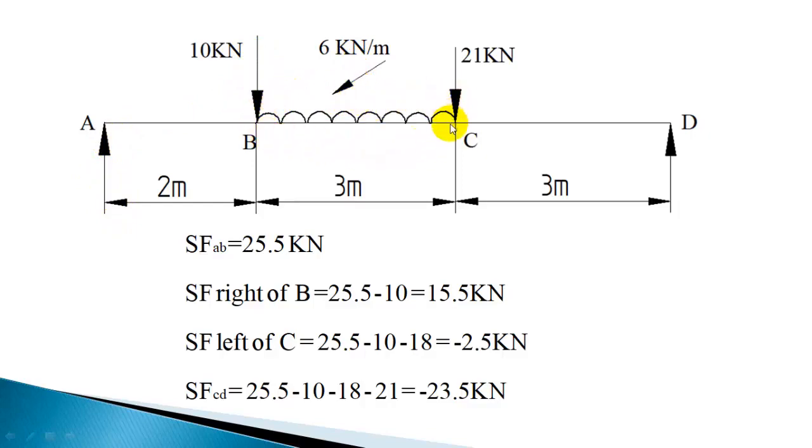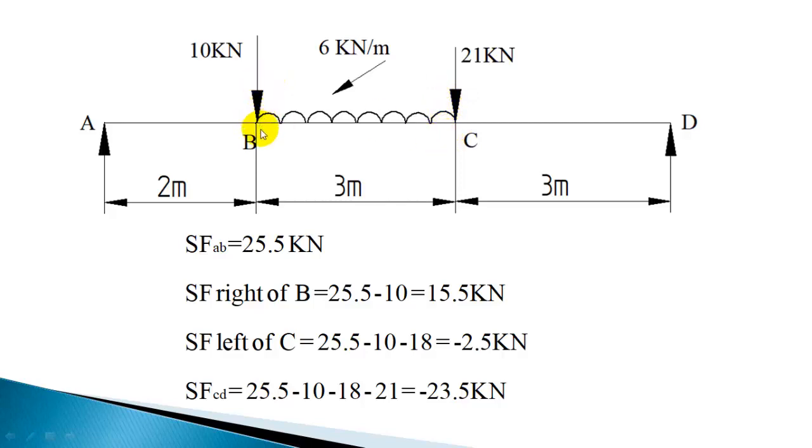You should consider the full UDL, so 6 into 3, 18, which is acting down, so minus 18. So shear force left of C is 25.5 minus 10 minus 18, that will give minus 2.5 kilonewton.